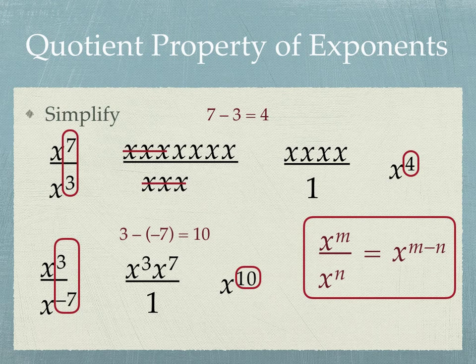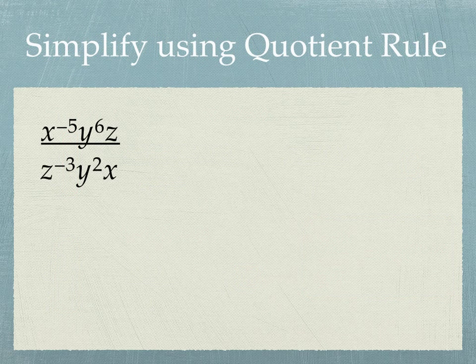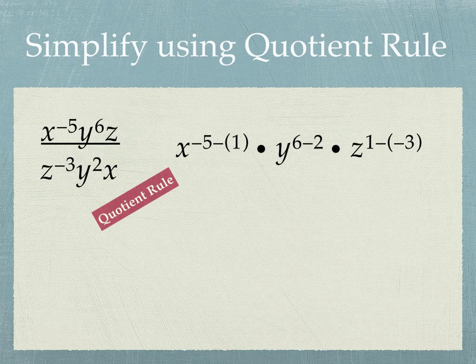So we can use this quotient rule to simplify expressions. And what we'll do is we'll look at our x terms and we'll put those together. So it will be x to the negative 5 minus 1 times, then we'll put our y terms together, y to the 6 minus 2 times z to the 1 minus negative 3.